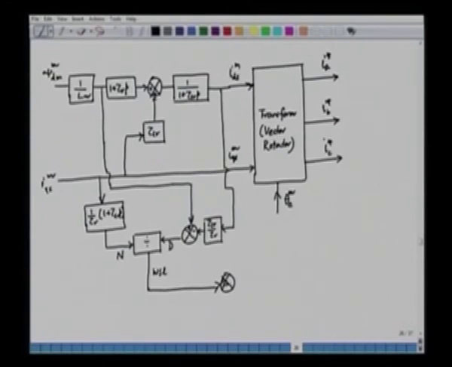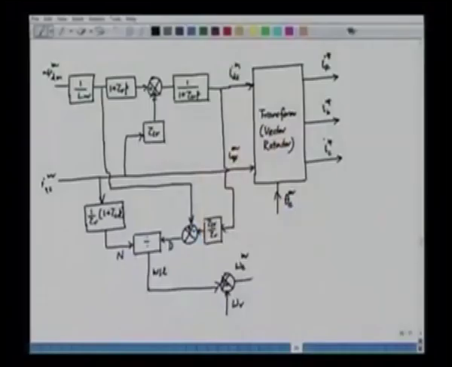We can add here the electrical speed of the rotor omega r, and what we obtain here is omega em, is the speed of the air gap flux vector, and when we integrate this, what we obtain is theta em. So when we integrate this one, we can have an integrator block here. We can integrate this speed to obtain the angle of the transformation, that is theta e.